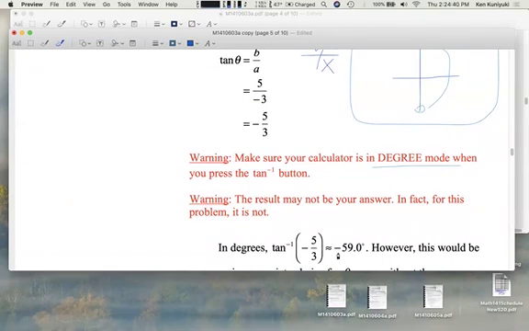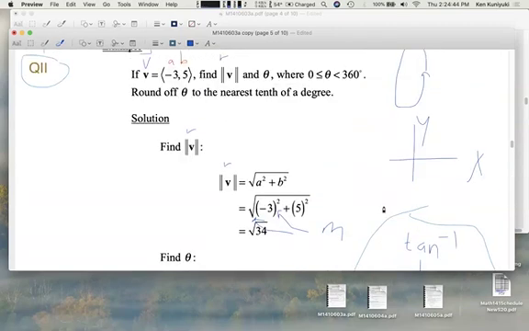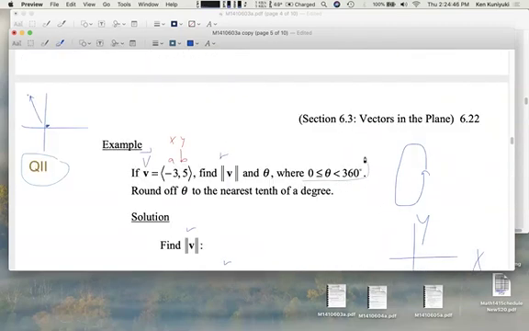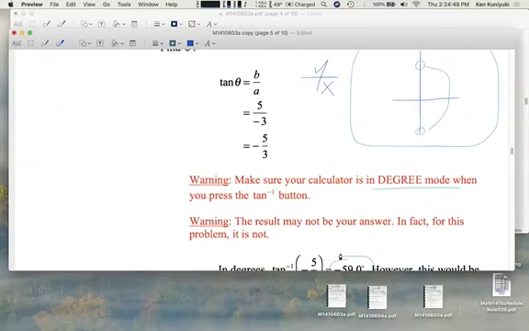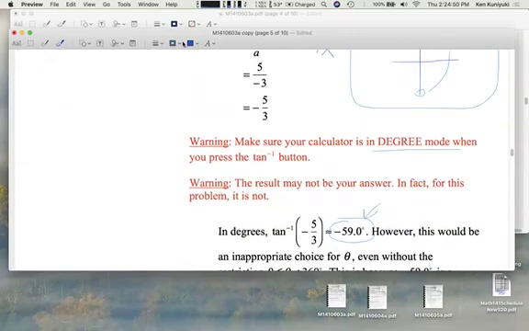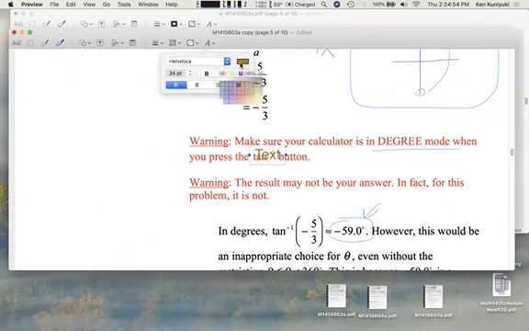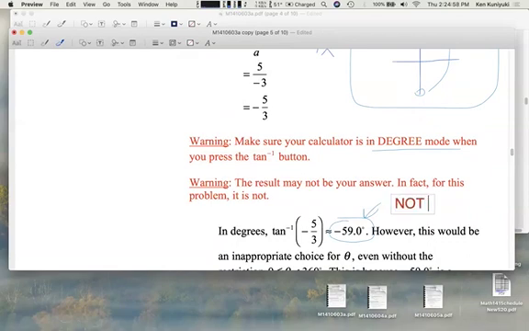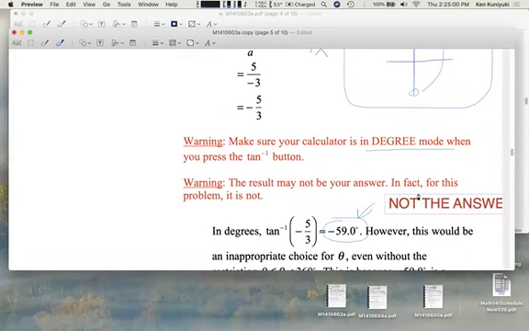We can use that, but that's not our answer, because -59 degrees is not inside the interval here. It's not the answer. In fact, it's not even in the right quadrant. It's not even coterminal.